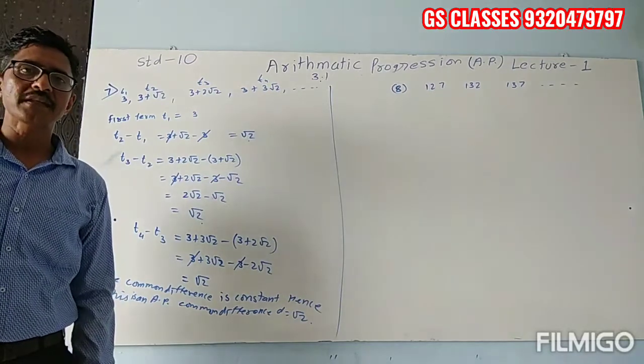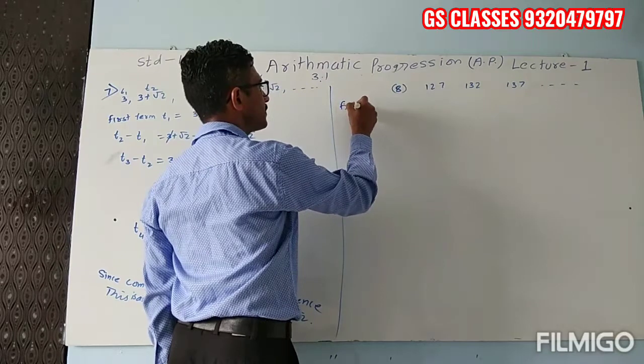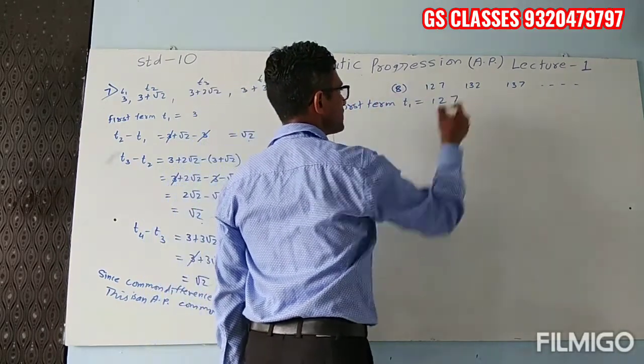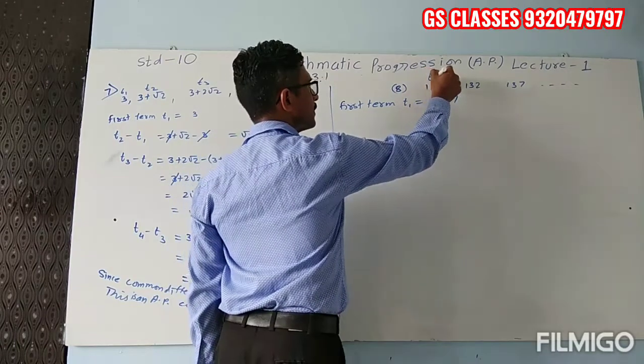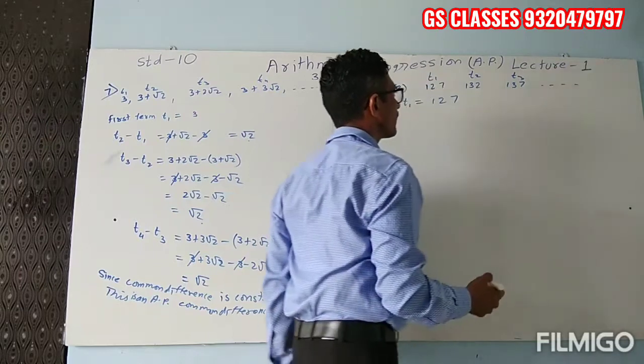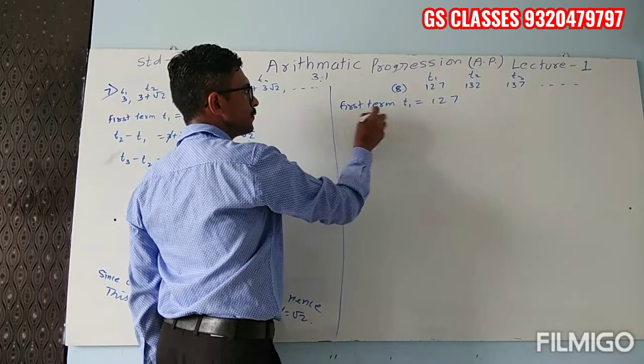Now children, let's begin with the next question. Here we will write first term T1 as 127. T1, T2, T3 and so on. You take first term as T1.